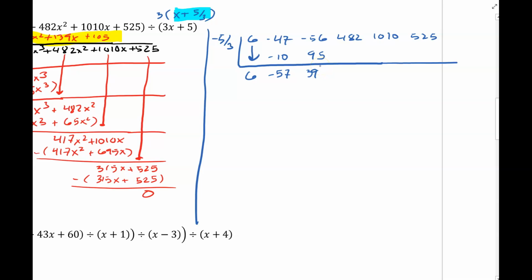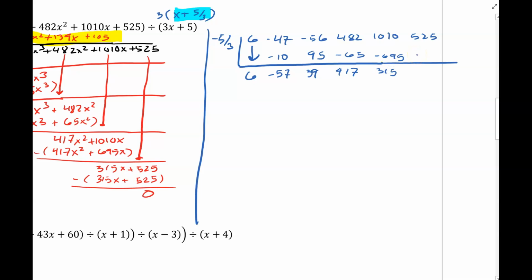And then negative 5/3 times 39 is negative 65. And I add down, I get 417. And I multiply that by negative 5/3, and I get negative 695. And I add down, and I get 315.